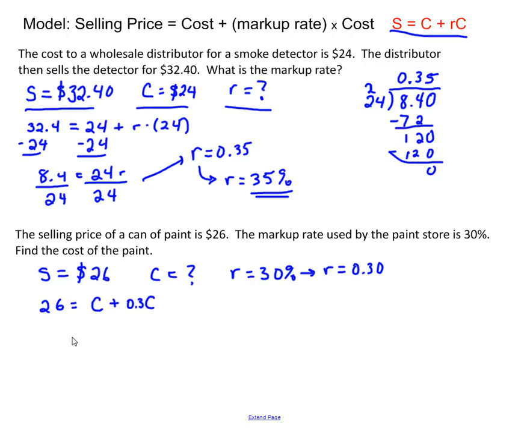Well, this is a perfectly legitimate equation right here. If you don't recognize it, of course, the coefficient for C is 1 right here. We just take 1 times the cost, and we get cost. So if we take 1C and we add 0.3 more C's, that means we've got 26 is equal to 1.3C. So if we want to get the cost, C, by itself, we're going to have to divide on both sides by 1.3.